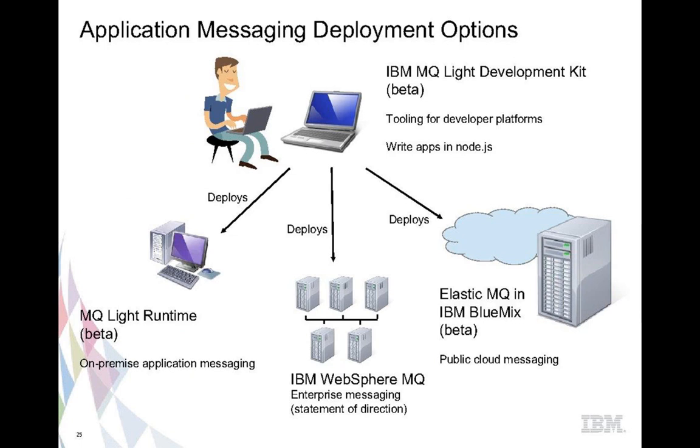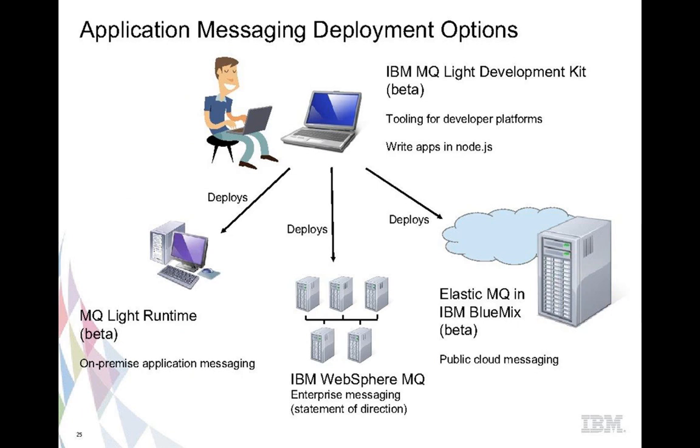So we have the Elastic MQ service offering from IBM Bluemix, and you can push your application onto the cloud, which can connect to MQ. So you can create an MQ service on the cloud and push your application, which can connect to the MQ service to send and receive messages.